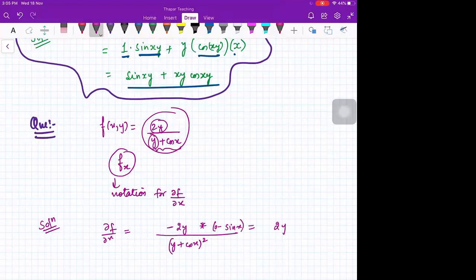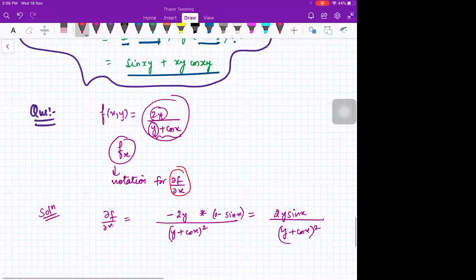This is 2y sin x upon (y plus cos x) square. Is this clear to everybody? Anybody having problems? Simply, if you are asked to compute the derivative with respect to x, you will just ignore y. You will treat y as a constant number.